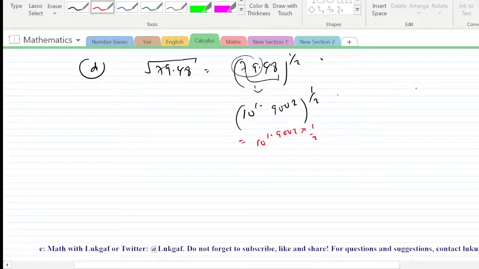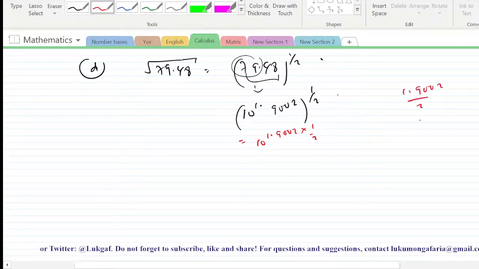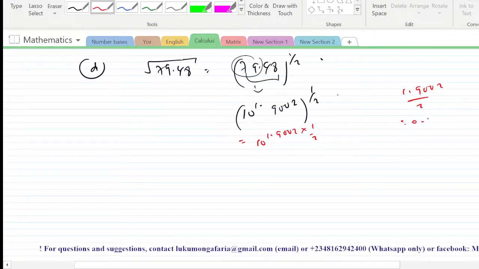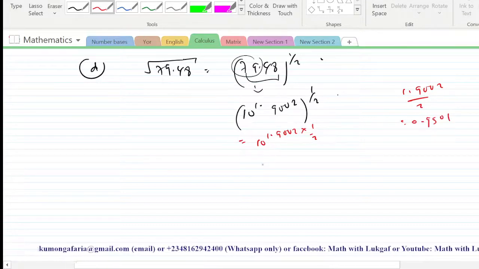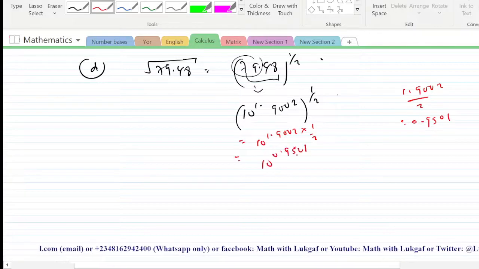So that is 1.9002 divided by 2. 2 in 1, that's 0. 2 in 19, that's 9 remainder 1, 501. So then I have 10 raised to 0.9501.